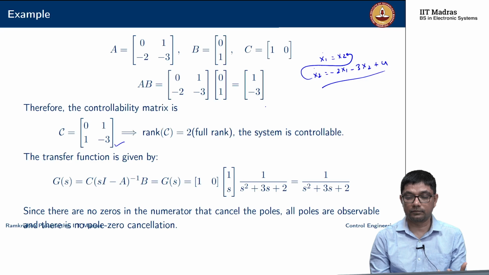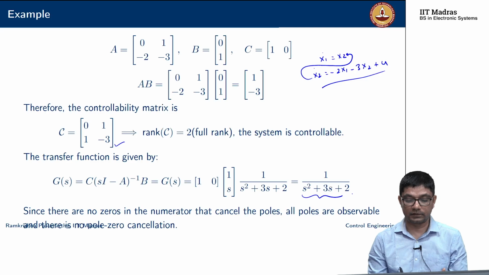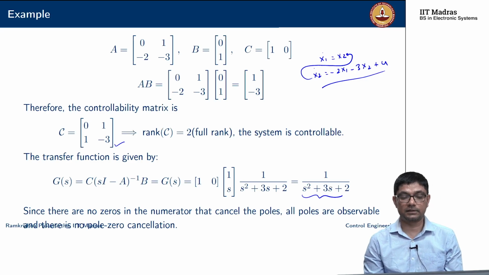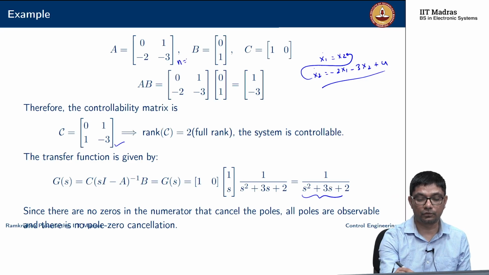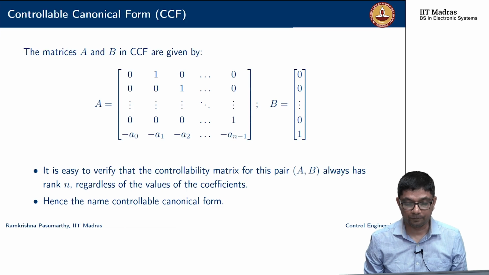Now the counter to that: a system which is fully controllable has two poles. There are no pole zero cancellations. The system started with n equal to 2, it has two poles, so there are no pole zero cancellations, and the system will turn out to be controllable.